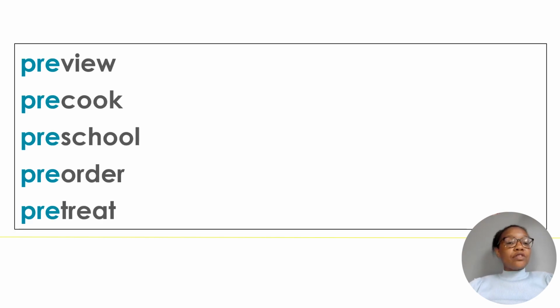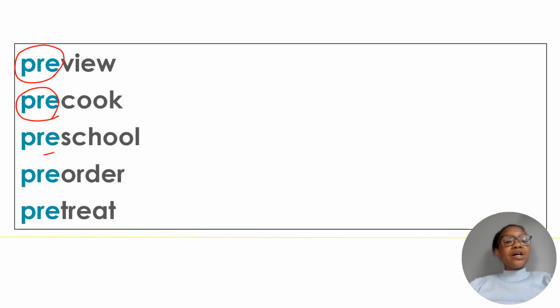Readers, let's take a moment and read the words that are on the screen. Preview, pre-cook, preschool, pre-order, pre-treat. All of these words have the prefix, you guessed it, pre in it.